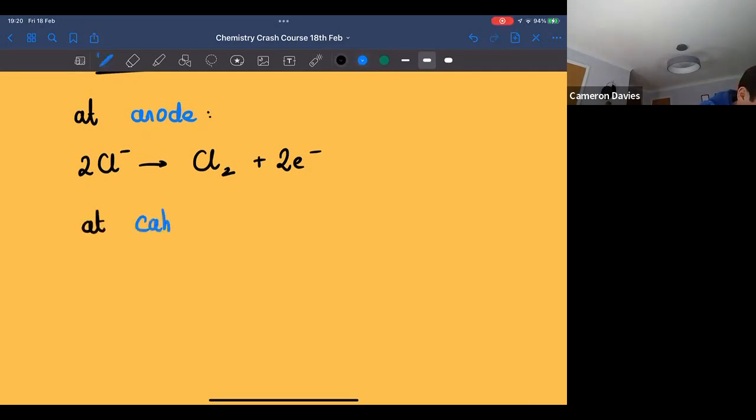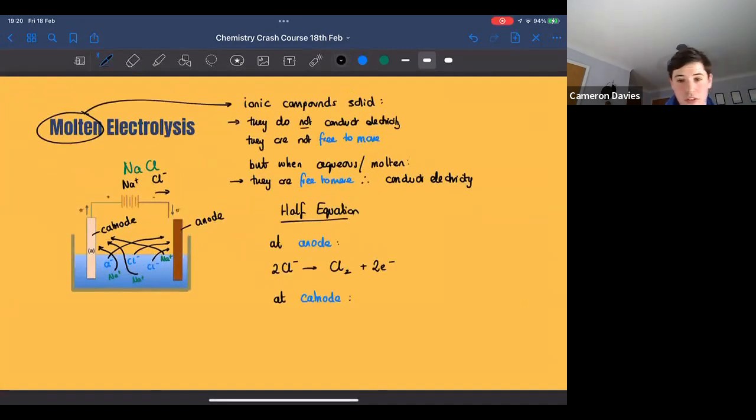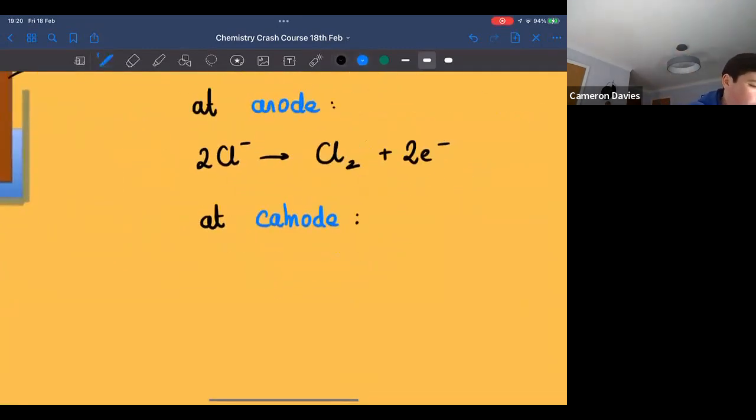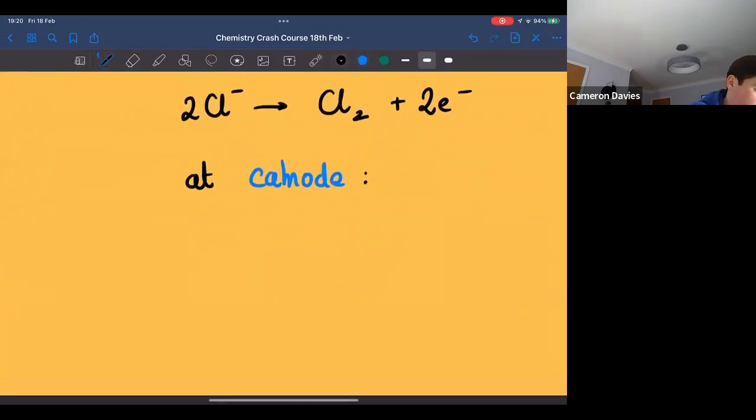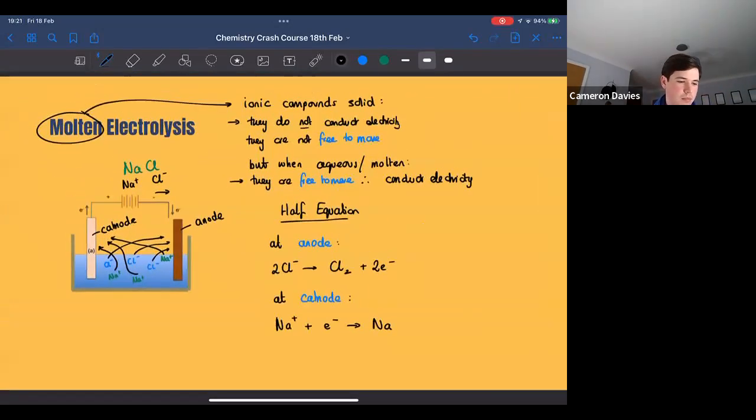Now we're going to have a look at the cathode. We've got the cations, which moved to the cathode, which were the Na+ ions. These lose an electron to produce sodium. And it's just sodium on its own, not 2 sodiums, just 1 sodium.